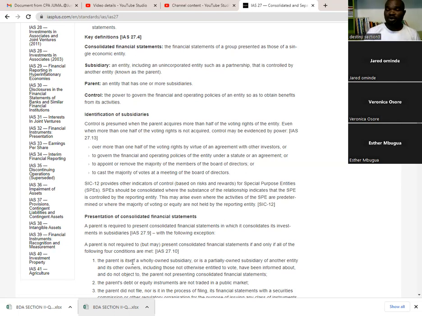It is an exceptional case. Even if the 51% is not achieved, the parent will still consolidate.